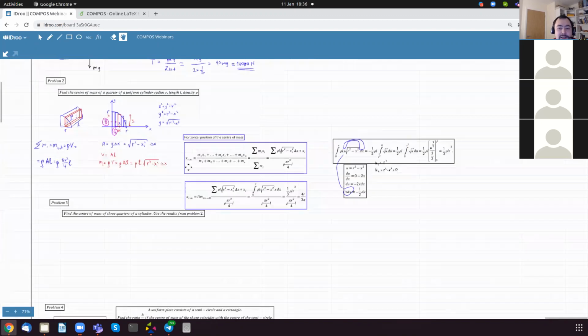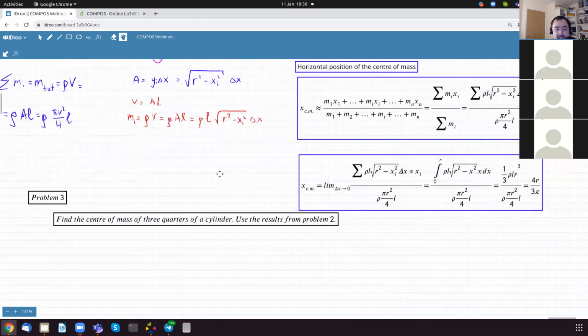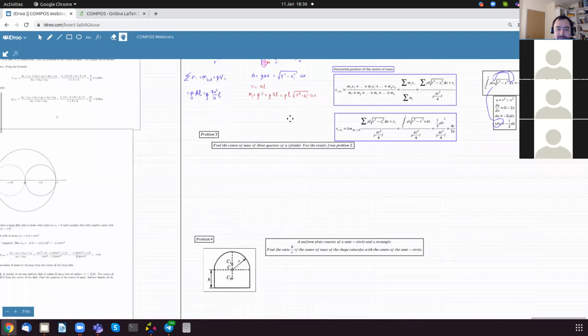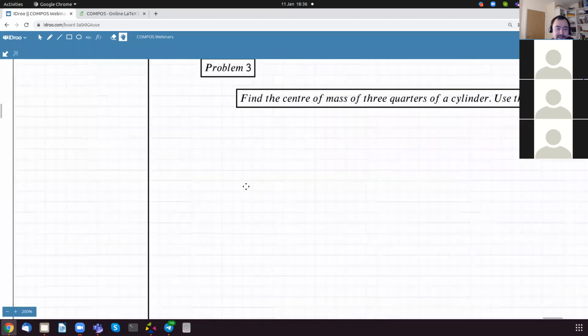Okay, moving on. Find the center of mass of 3/4 of a cylinder. Use the results from problem 2. So now we have 3/4 of a cylinder. Well, why not? So we have one cylinder, 1/4 of a cylinder, another 1/4 of a cylinder, and another 1/4 of a cylinder.